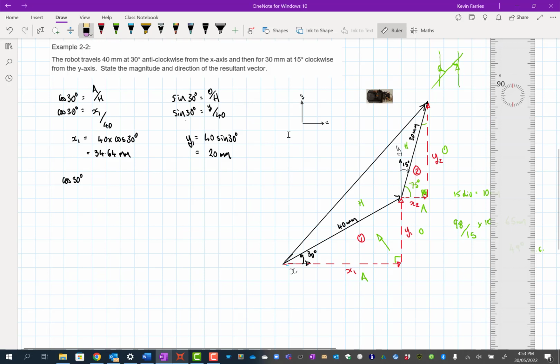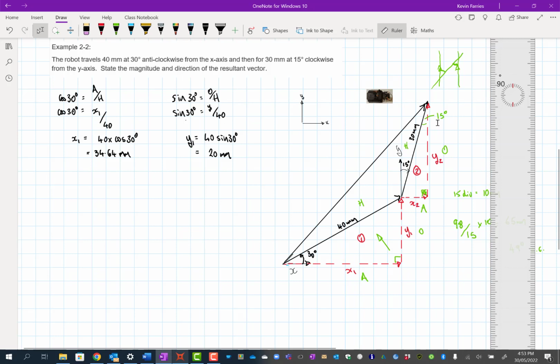Maybe I'll use the other angle just to show you that. I was saying you could have done your parallel lines rules, and then this angle here is equal to the other angle down there.